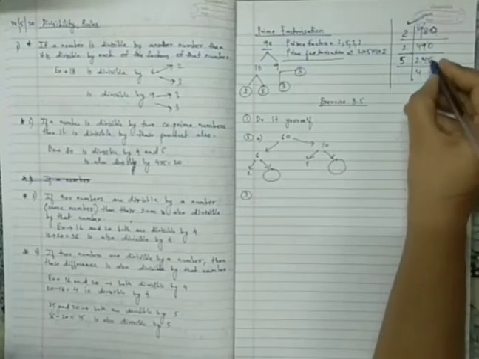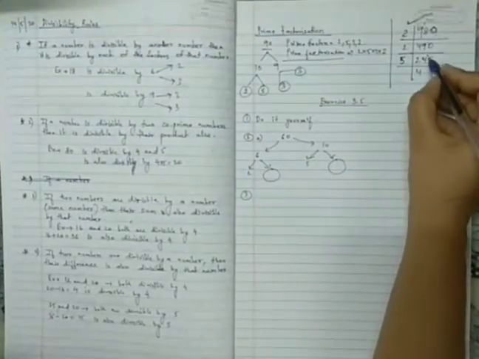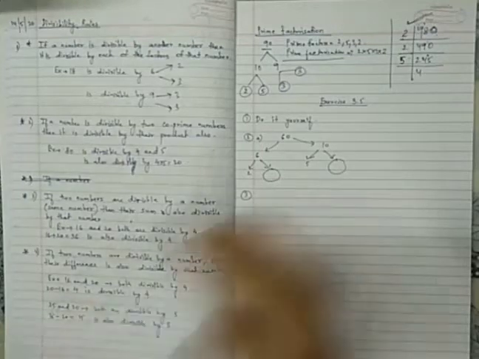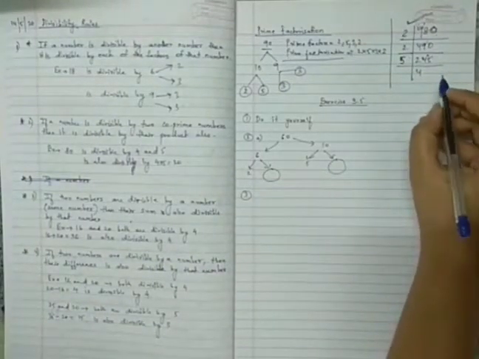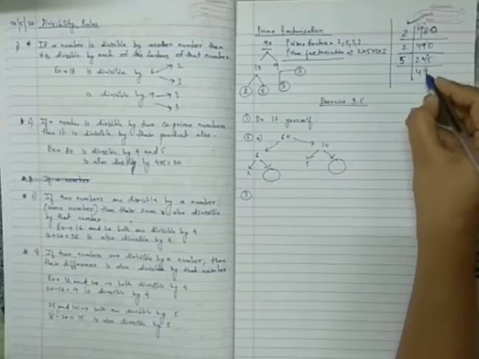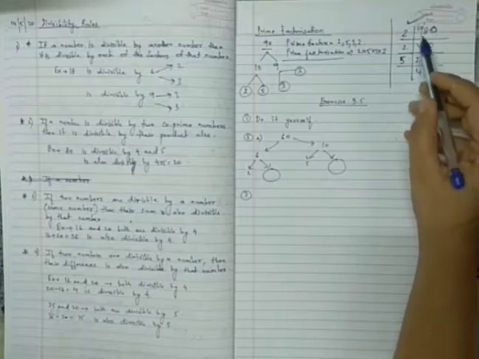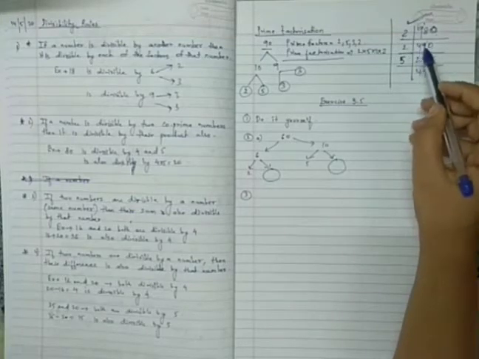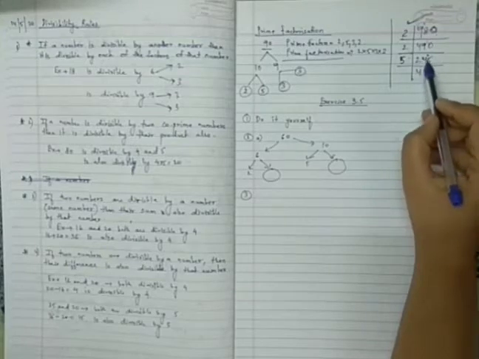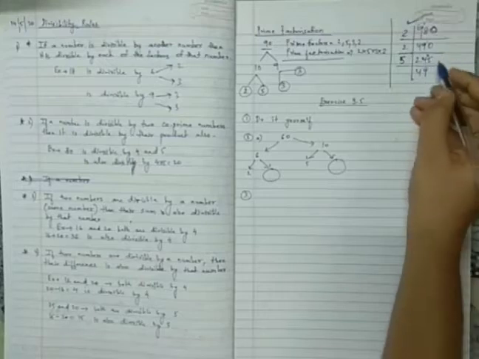So 5 fours are 20, and 49. So this comes in the table of 5.